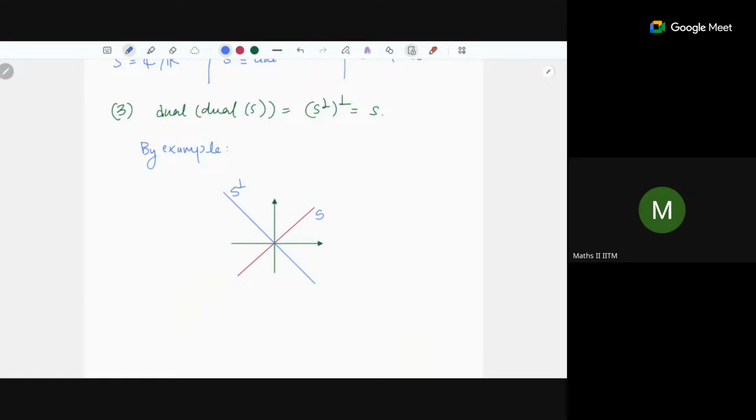You start with S, you look at the dual or orthogonal complement, you get S perp. Now, if you take the orthogonal complement of this S perp, you will get S, right? So what is happening is the dual of S perp is S itself. That is what is happening.